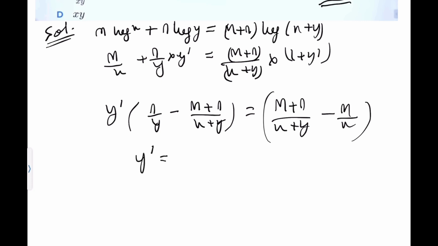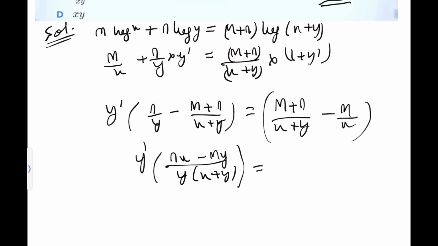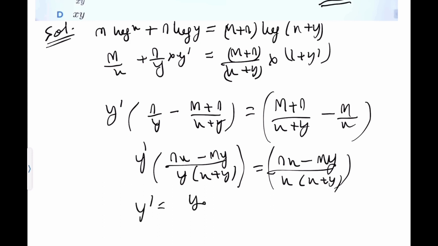So y dash will be multiplied by (nx minus my) upon y times (x plus y), which equals n x minus m y upon x times (x plus y). If you look carefully, it is written as y upon x. Cancel out common terms and we are left with y by x.